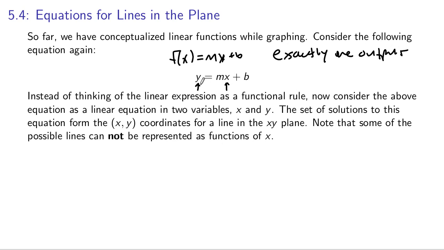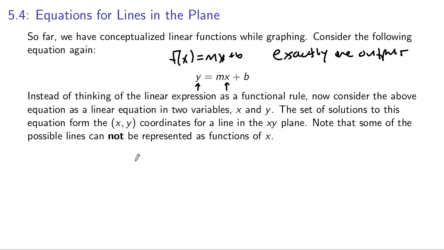In other words, y and x are both allowed to vary freely. If we think about the set of solutions that such an equation would have, it would form the points which would form the coordinates of a line in the xy plane. You can find this by plugging in different values of x or y and finding the corresponding value of the other variable, given a particular m and b.